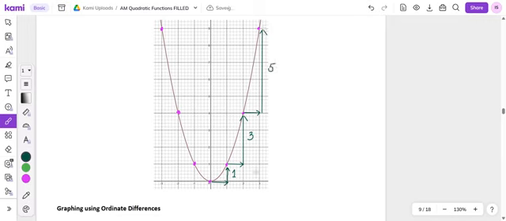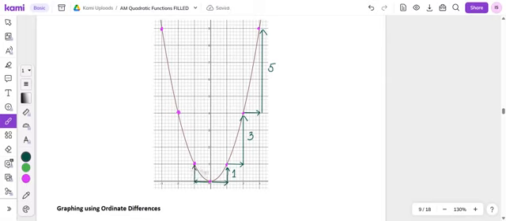Do the same thing on the left side. So we're going to go 1 across to the left each time and then count how many steps up we are going. And now because a parabola is symmetrical, you might be realizing that we're going up by the same amount, right?